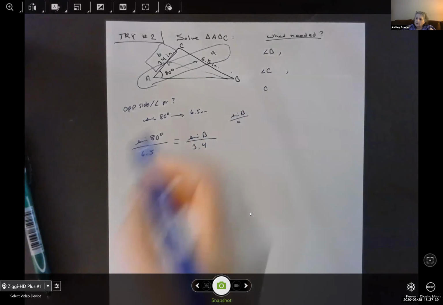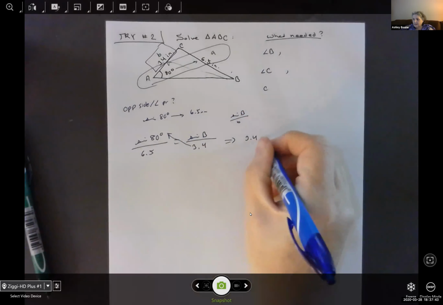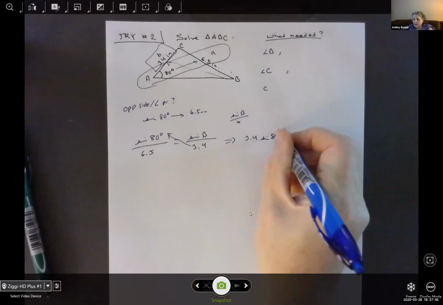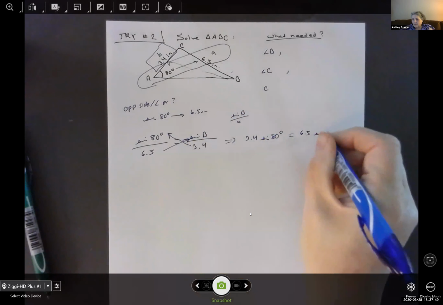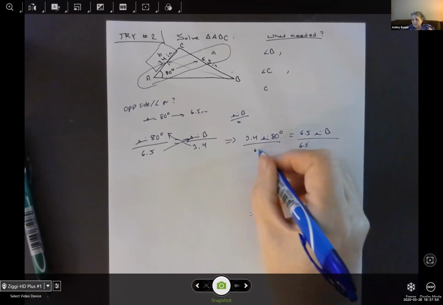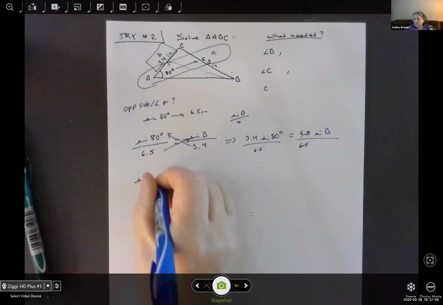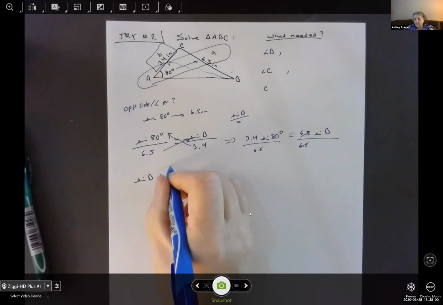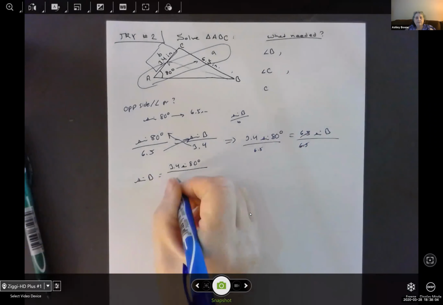And we'll cross multiply. So this tells me that 3.4 times the sine of 80 degrees is equal to 6.5 times the sine of B. I'll divide both sides by 6.5. So that gives me the sine of B is equal to 3.4 sine of 80 degrees over 6.5.